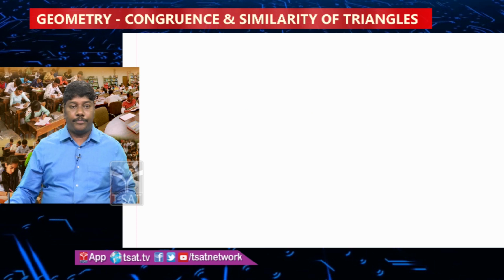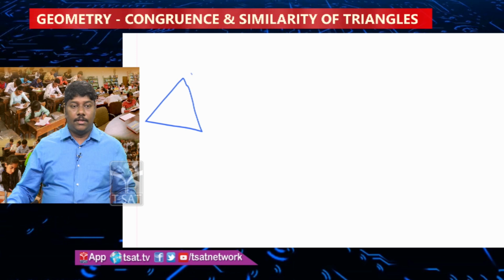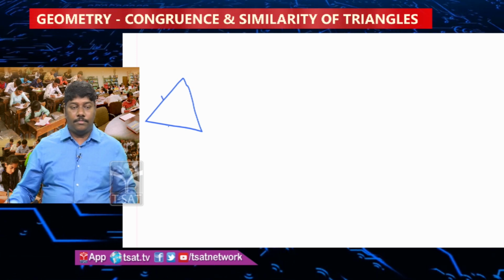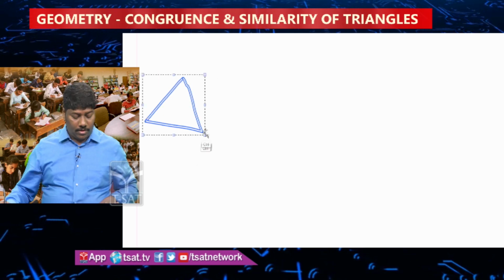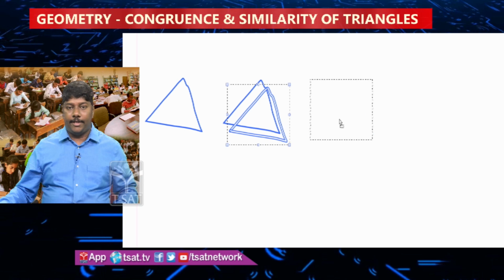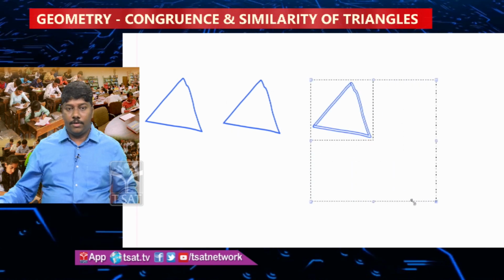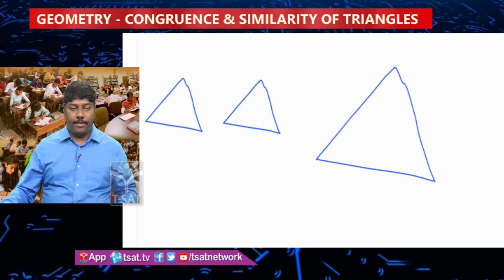See here, I'm just drawing a random triangle. Let's say this is triangle 1. Taking the same triangle here, I magnified this triangle, but I have not changed the shape of the triangle.